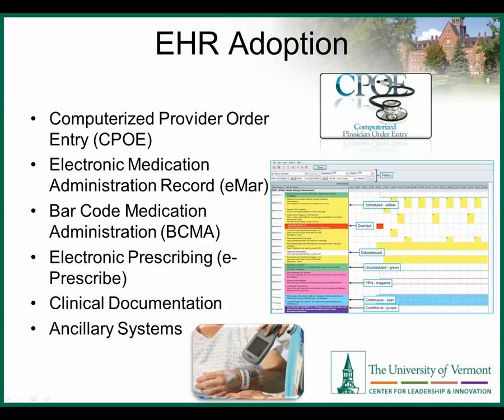The electronic prescribing or e-prescribe, and currently Vermont is the last state to finally adopt e-prescribing of controlled substances. So that just recently went into effect. Also looking at clinical documentation, so whether it's the nurses or provider notes or it's the flow sheet documentation, and any ancillary systems like the laboratory or imaging systems.